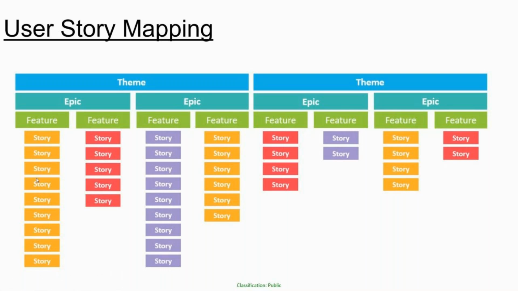So, user story is the final block of it. When you find a set of user stories which can all be clubbed together because of the common functionality they're focusing on, you can put all of those together in one feature. And if you have a couple of features which can be clubbed together, you form an epic and club it together. That is how it works.